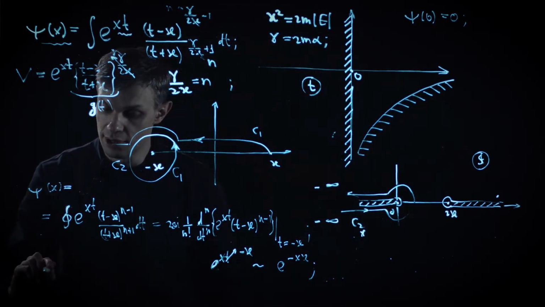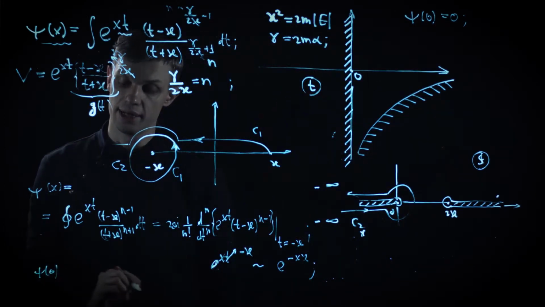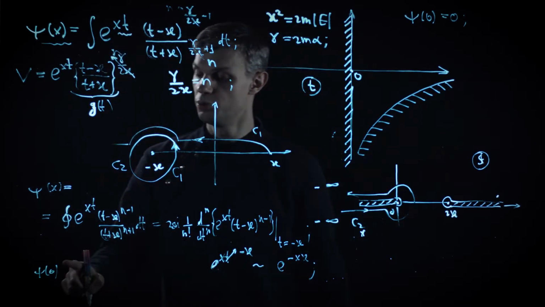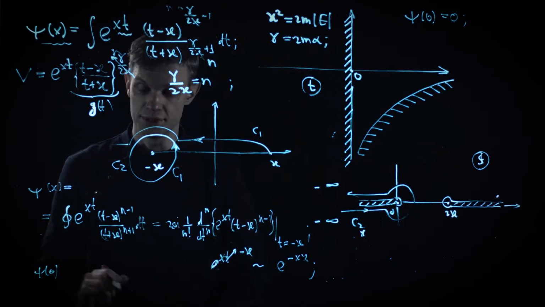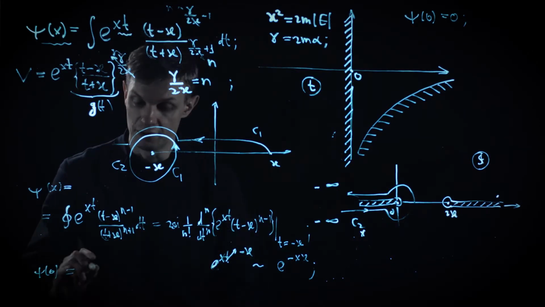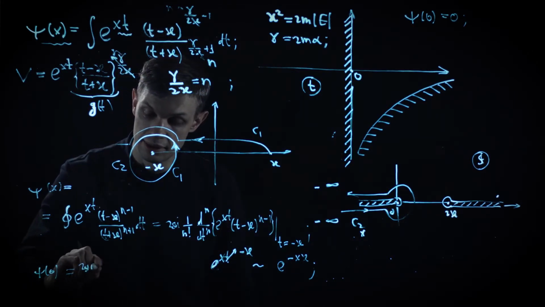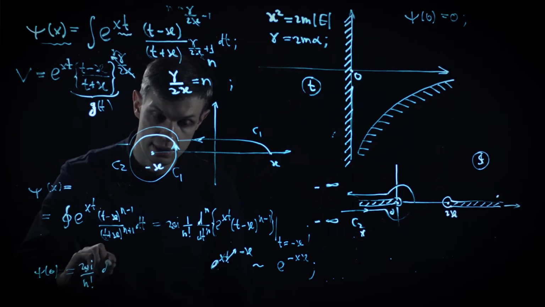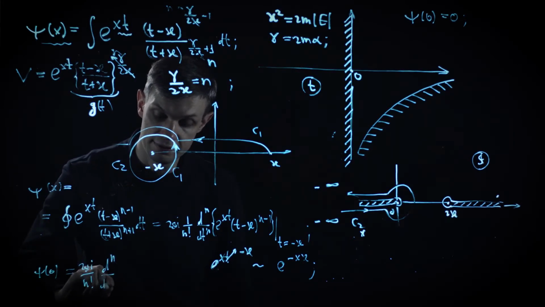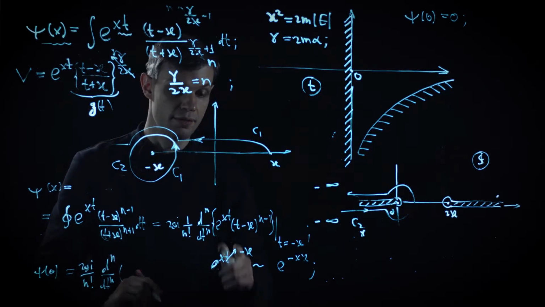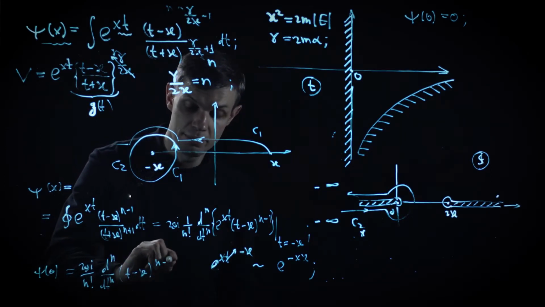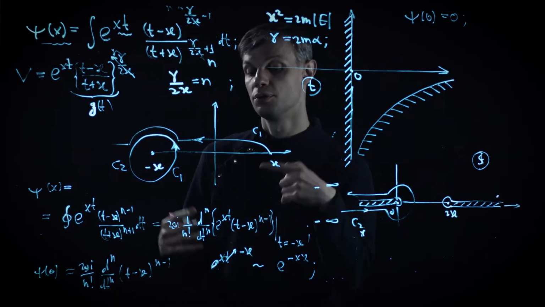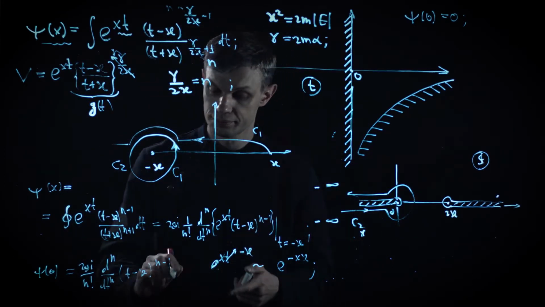So let's figure out what's going to happen at point x equal to 0. So let's put x equal to 0 in our derivative, and what we get is the nth derivative of the expression which became a polynomial of n-1 order.